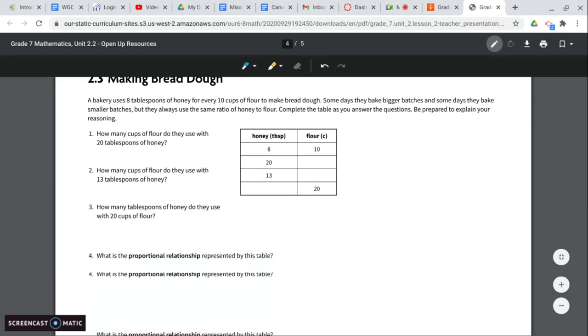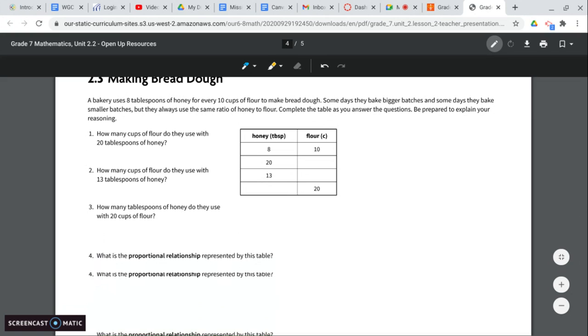So, we need to look at what the relationship is between these. So, we have 8 to 10, and we're looking for that constant of proportionality. So finding out what we need to multiply by.